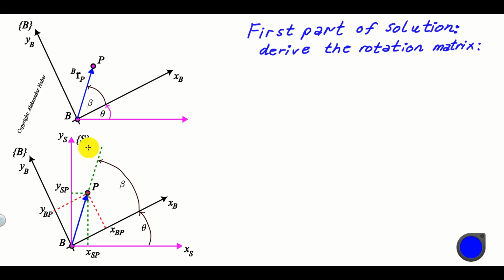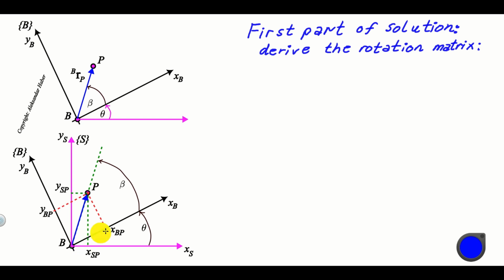Then, over here, I define a new frame called S. The axes of this frame S are parallel to the axes of the fixed frame F. That is, this frame S is simply translated with respect to my fixed frame F. And I assume that the origin of this frame S is exactly at the point B.